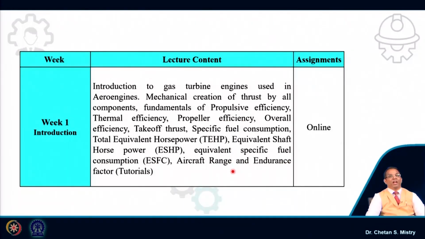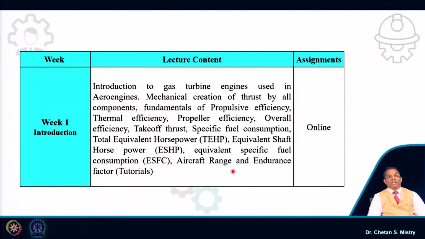Okay. So, overall, in this first week, we have introduced our aero engine gas turbine cycles course, where we started with the introduction of gas turbine engines, which are being used for say aeroplane. We discussed the mechanical creation of the thrust by all the components.